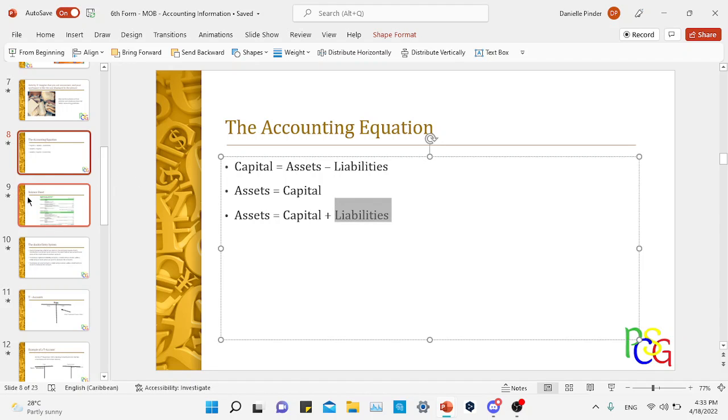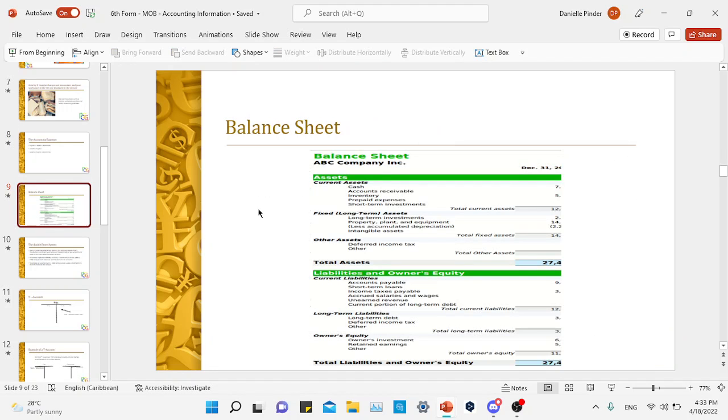And so to better illustrate that, I'll just take you to the balance sheet. Here is the balance sheet, and unfortunately we can't see the total numbers, but the total assets amount and the total liabilities and owner's equity are the same amount.